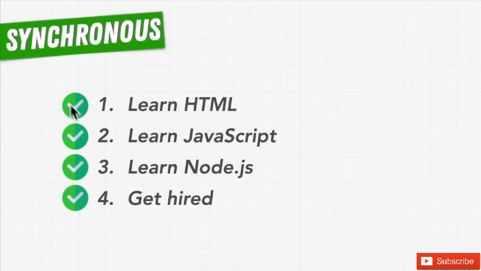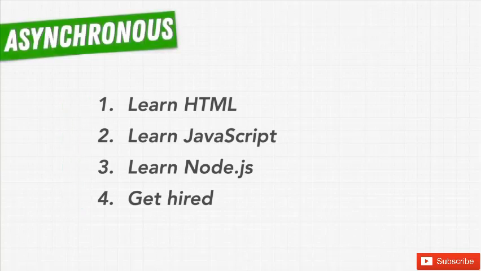We go through our goals one by one and only move on to the next goal when we're completely done with the previous one. In contrast to this, with the asynchronous approach, we could learn HTML really, really well, as best as we can, and then we start learning JavaScript. At some point, we decide we're comfortable enough with JavaScript as a language and move on to Node.